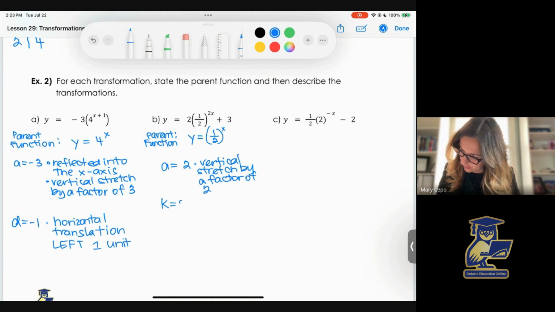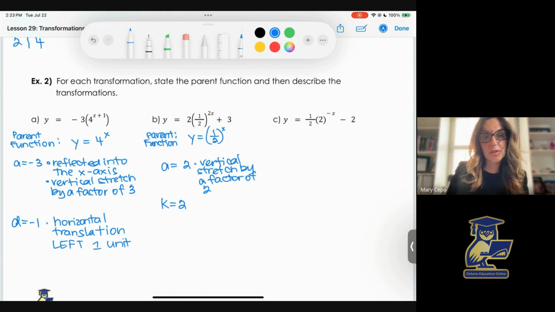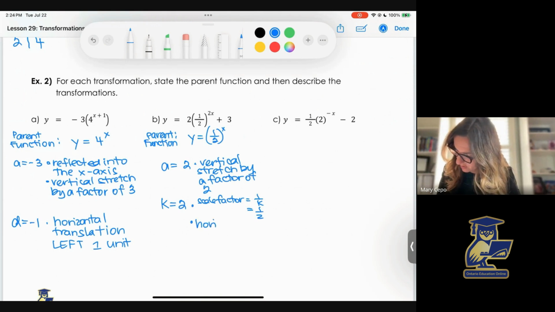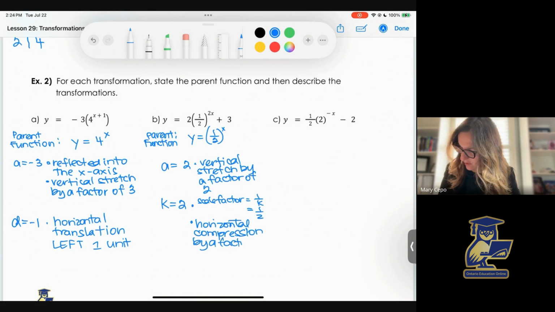k is equal to 2. Remember, when you're describing, you have to know what the scale factor is. So right away, we're going to say scale factor is equal to 1 over k, which is 1/2. So that means we have a horizontal compression by a factor of 1/2.